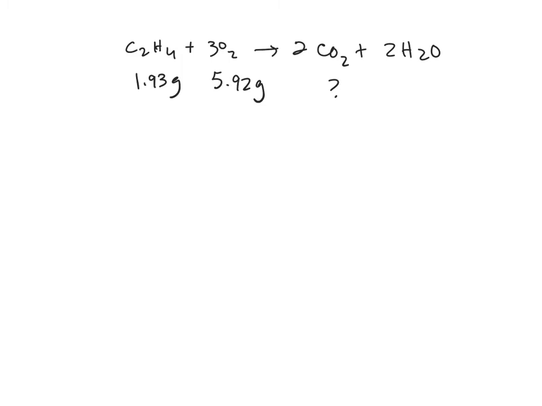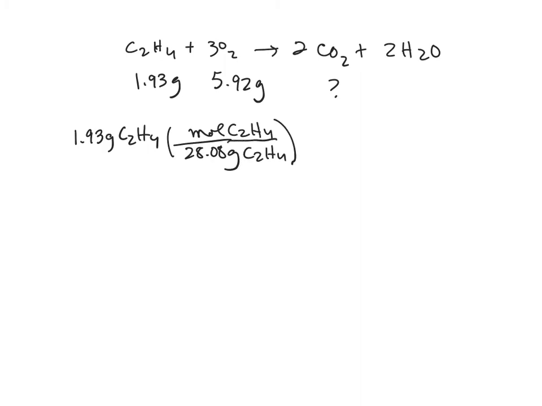For the C2H4, you say 1.93 grams, and the molar mass of that compound is 28.08 grams per mole. We go to CO2: 2 moles of CO2 for every 1 mole of C2H4.